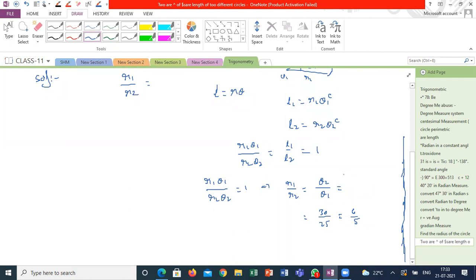Guys, even if I take pi by 180 into 30 degrees divided by pi by 180 into 25 degrees, I will get the same ratio, 30 by 25. Because it is a ratio, straight away you can take it. So this will be 6/5. Is it clear, guys, how to do this question?